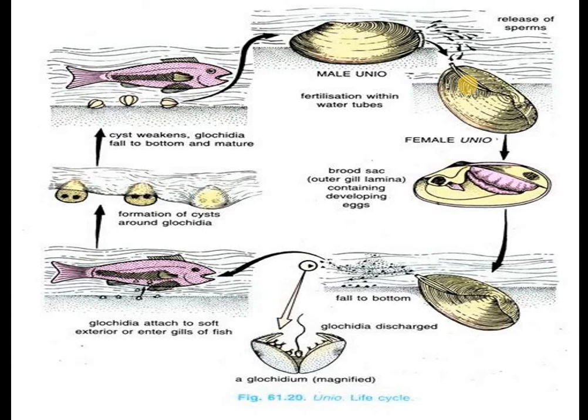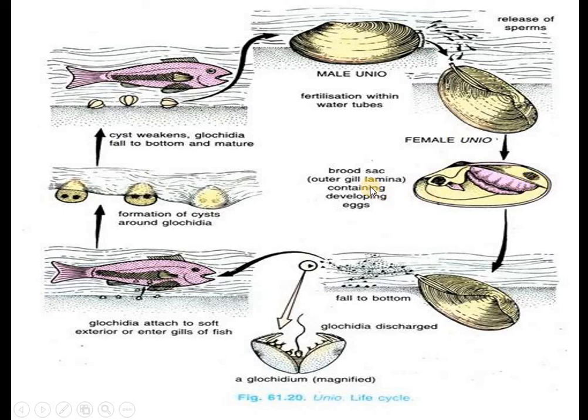Fusion of the sperm and ovum takes place and forms the zygote, and the zygote later forms the cleavage, then the blastula, then the gastrula, and here this development takes place.